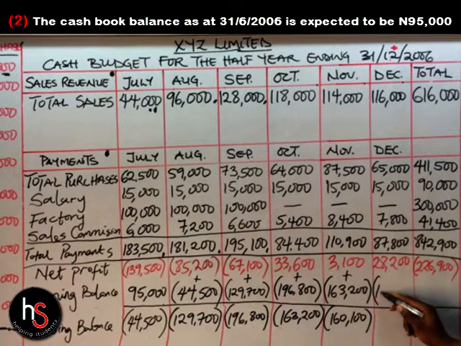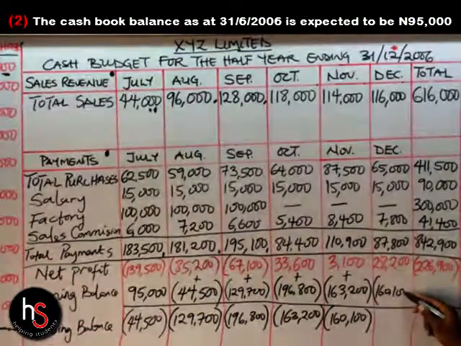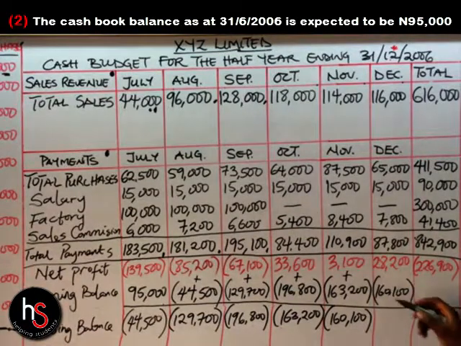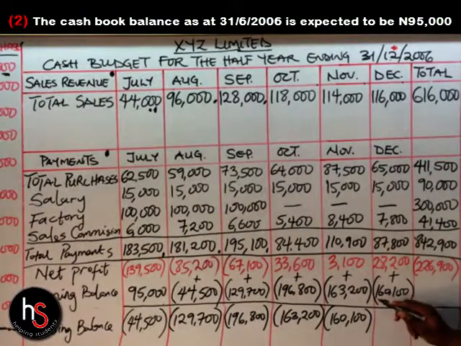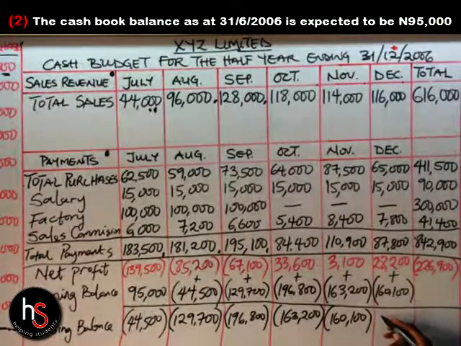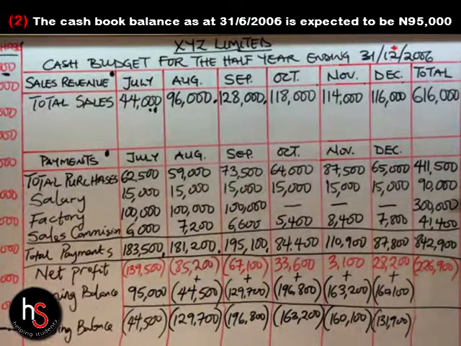So we have minus 160,100. Now, 28,200 plus minus 160,100 gives us minus 131,900. So take note, this is in December.